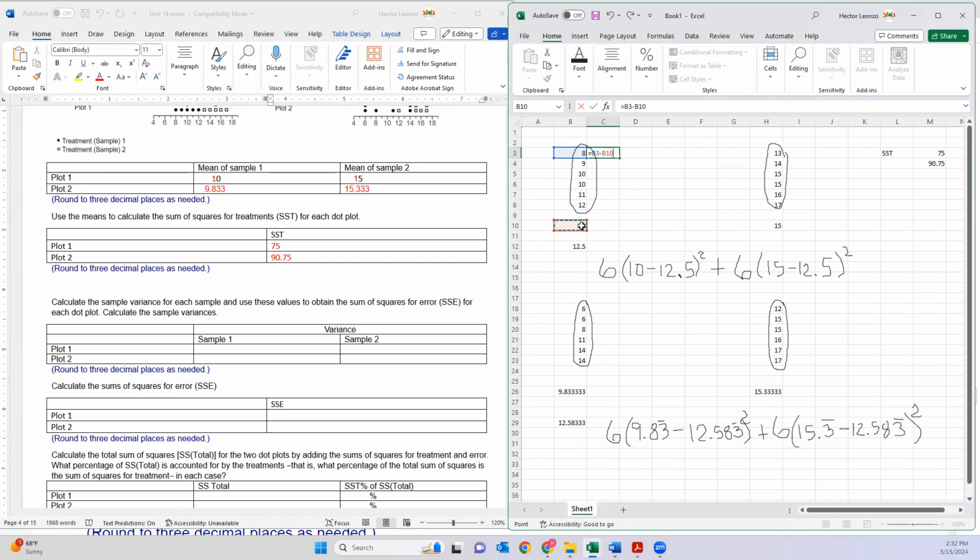Notice I'm going 8 minus the average. For the next number, I'm going to do this number minus the average. So I'm basically going to do the subtraction of each of these numbers minus the average. Sometimes my difference might be 0, might be positive, might be negative. It's just the difference between those two.